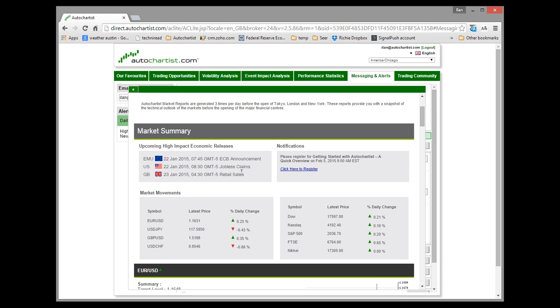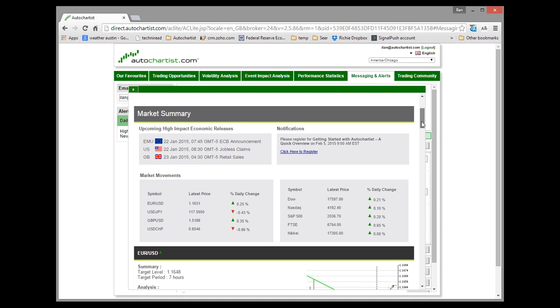People have often discounted this little section in our reports, but now everyone's watching this section, and you can see if you had opened this report a few hours ago, we would have told you that there's an ECB announcement coming up today, so you would have been prepared for the volatility. You can also see that jobless claims and retail sales are coming out in the UK. So some big news events coming out today.